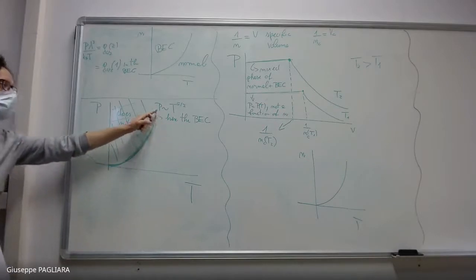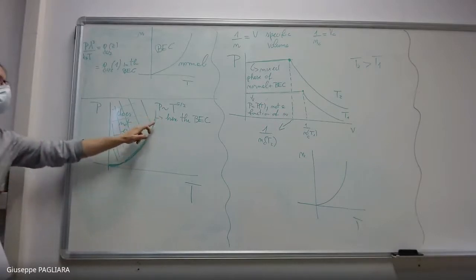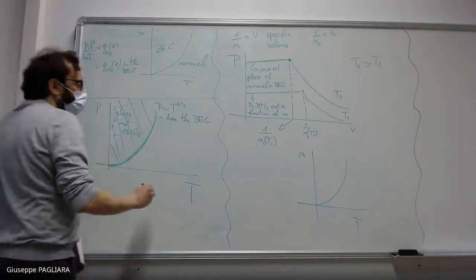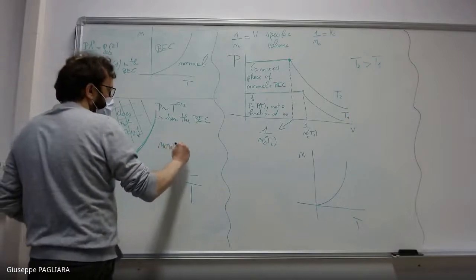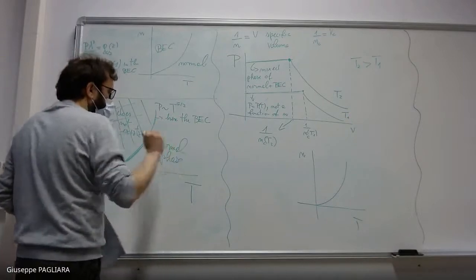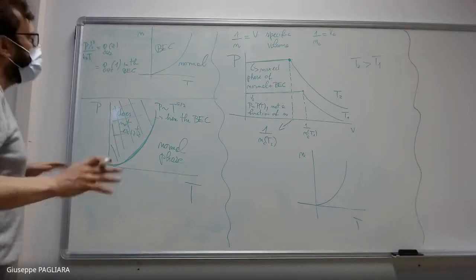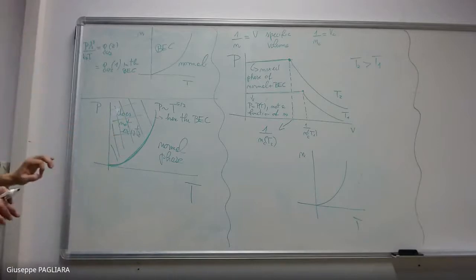That's why here I'm saying that this line corresponds to the Bose-Einstein condensate point, whereas below this curve we'll have the normal phase. So it's a little bit different with respect to water, and indeed this is quite an interesting phenomenon, although treated in this way it is a little bit artificial for some reasons that I will explain. But let me make some final comments on these different plots.